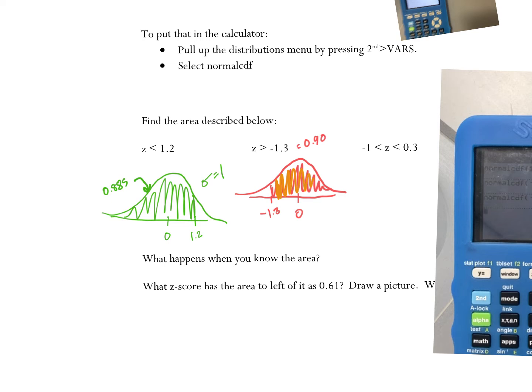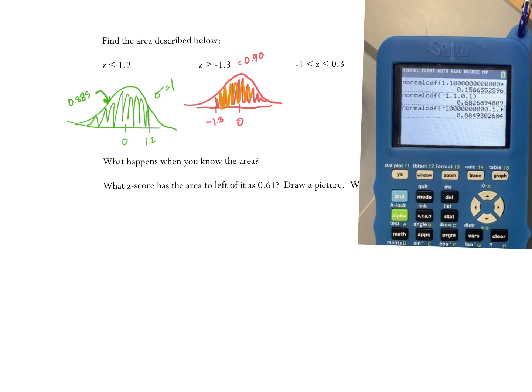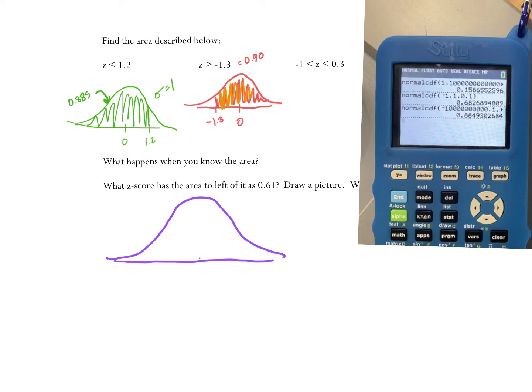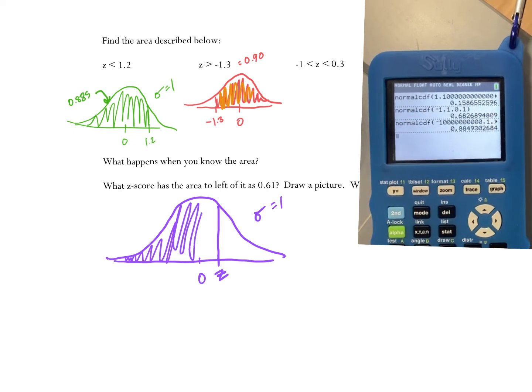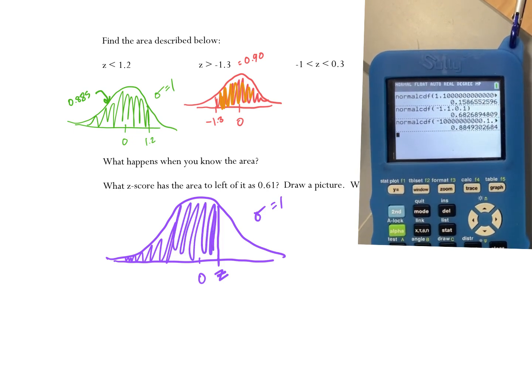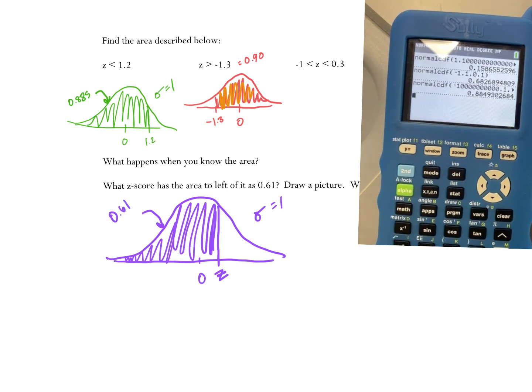All right. Hold on. So what if instead we come down here and I say, I don't know the z-score, but what I know is that I want to find the value for that z-score so that this area is 0.61.